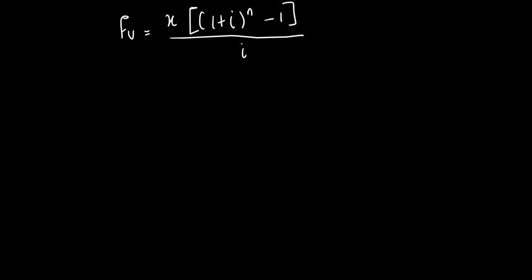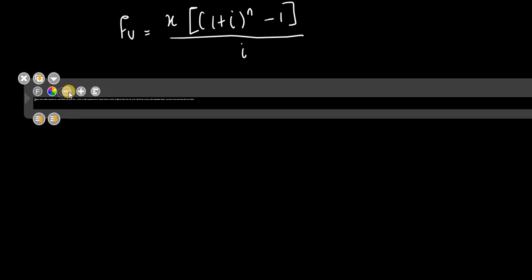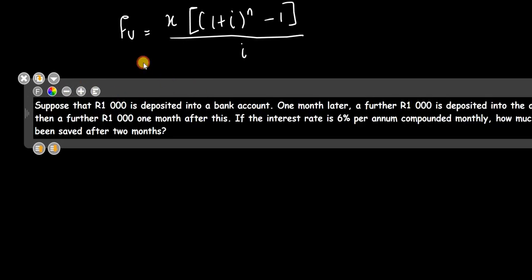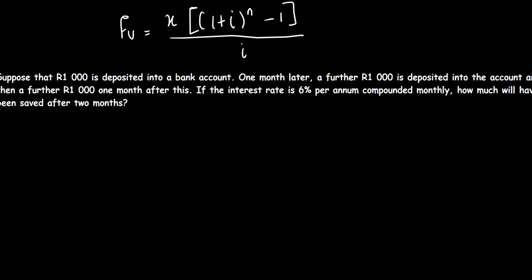Now here was the question, so that we can also be looking at it. Oh, now it's too small. Yeah, right. So let's understand, guys, that this part here is our x, and the interest is given, and then we need to know how much will be saved after 2 months.